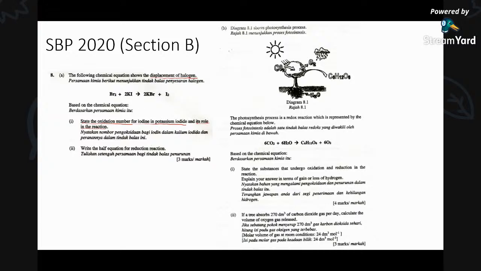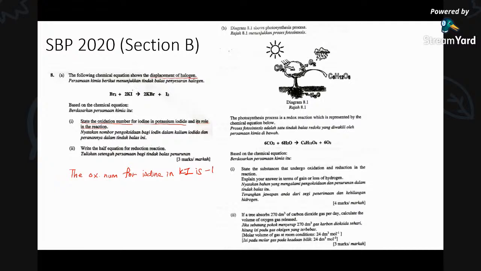So potassium iodide, the oxidation number is -1. So write down the oxidation number of iodine in potassium iodide is -1. And what is the role? So role over here, you have to say whether it's a reducing agent or an oxidizing agent.